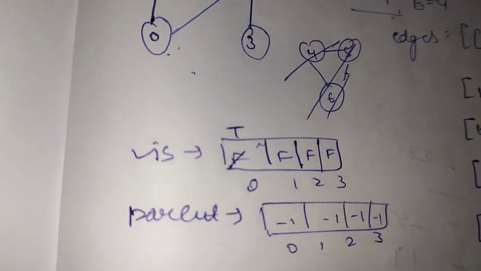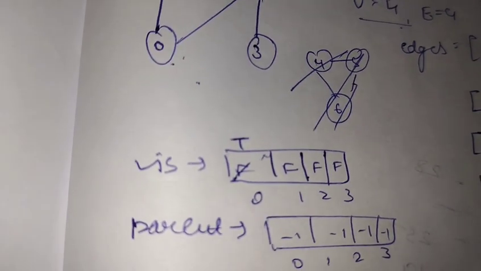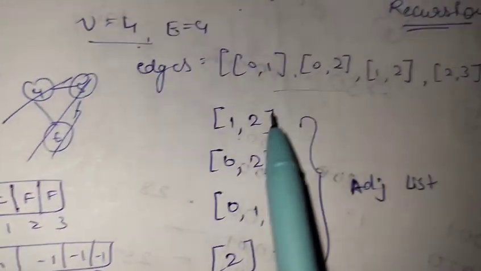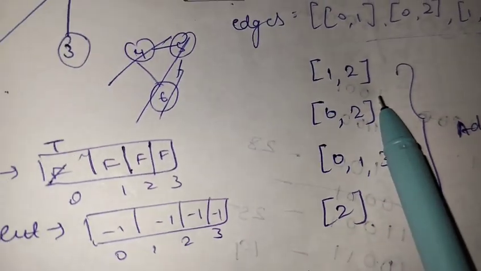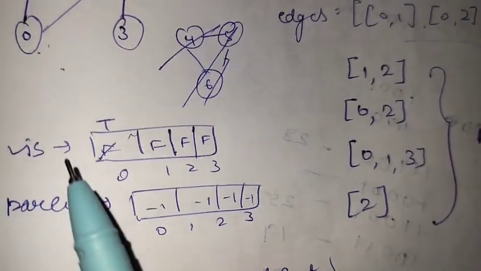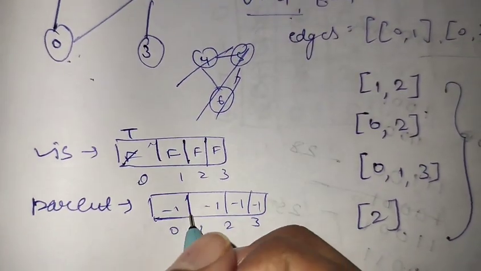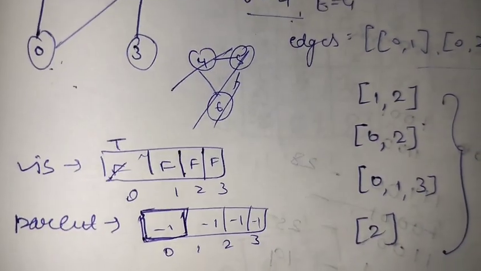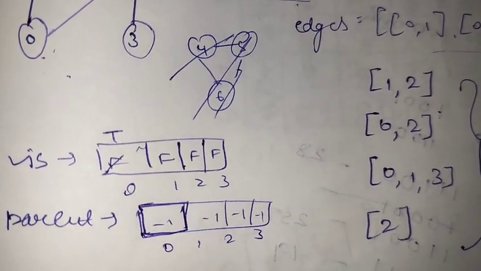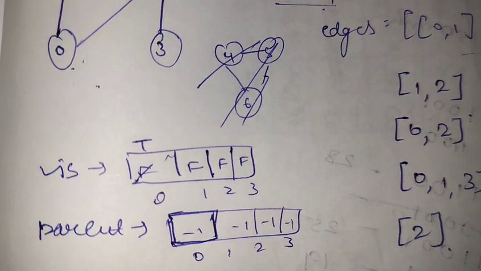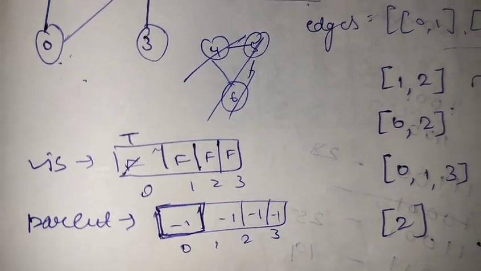So I'm going to traverse my 0th node, so I made it true. Now I am going to consider the adjacency list of the 0th row, which is 1 and 2. Okay. And since I am starting with 0, the parent is going to be -1. The node from which you start, we are going to consider it as -1, or any integer you can take, to keep in mind from where we started. Okay. You can start with any node. Since we are using a for loop, we are starting with the 0th node.